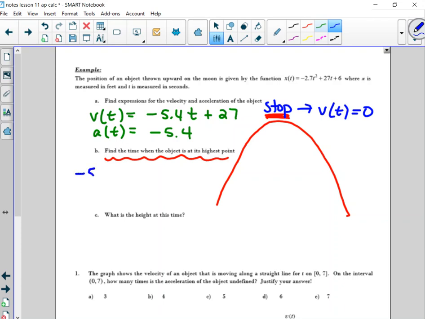We're going to set my velocity function equal to 0, and I'm going to solve that. So negative 27 divided by negative 5.4, and t is 5 seconds.